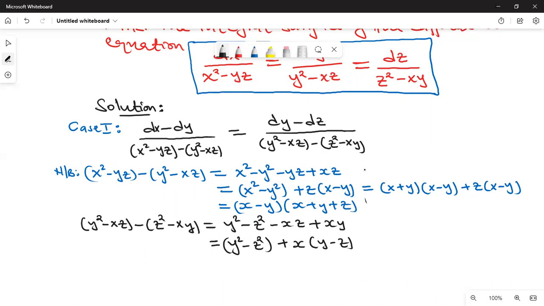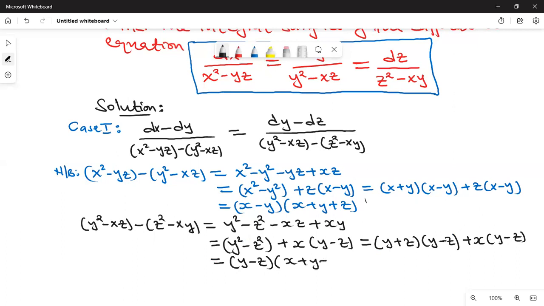But y squared minus z squared is the difference of two squares, which you can write as y plus z times y minus z, then plus x into y minus z. y minus z is common, so factor that out, y minus z outside. What we remain with is x plus y plus z.